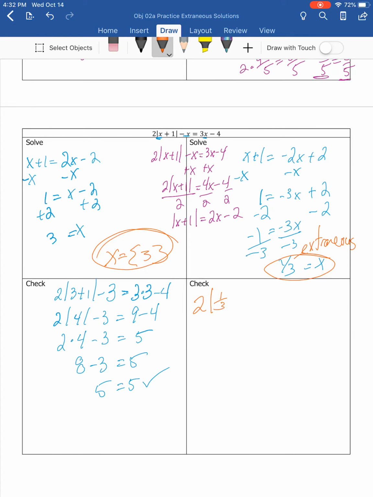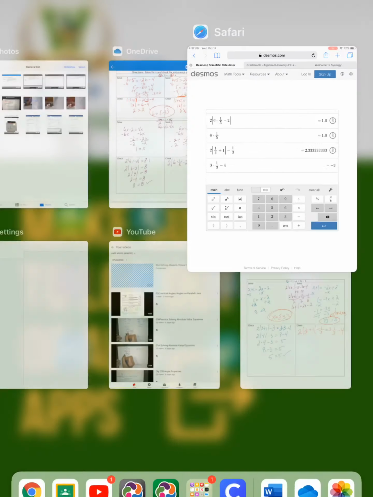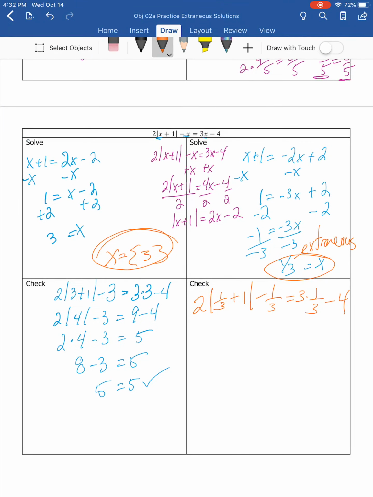I'll just go through it because I wrote down the wrong thing. So this is 2 times 1/3 plus 1 minus 1/3 should be equal to 3 times 1/3 minus 4. There shouldn't be any parentheses around anything. I don't know why I did that.